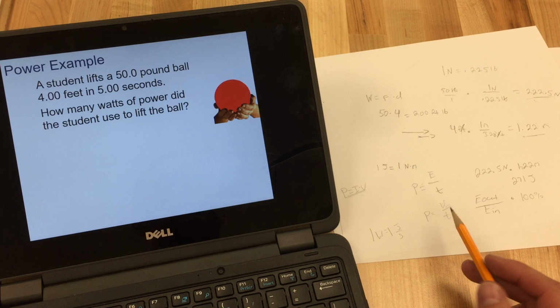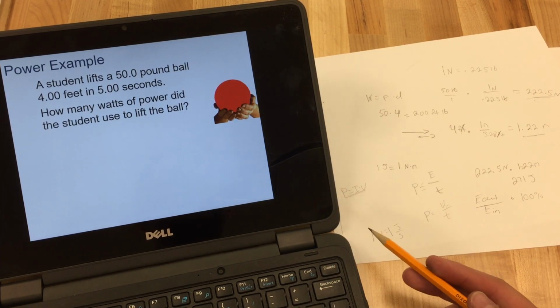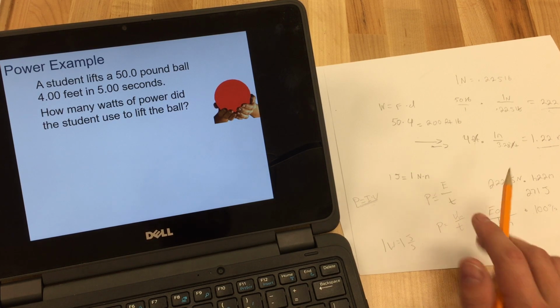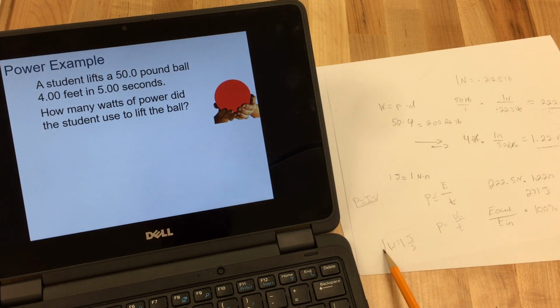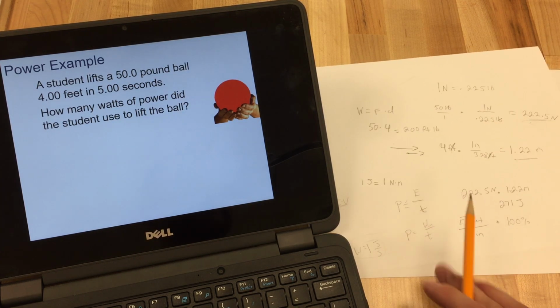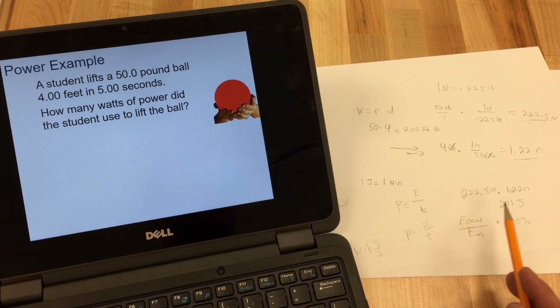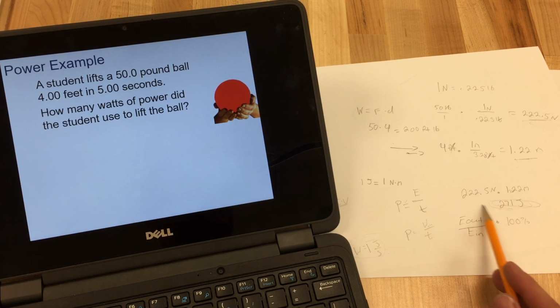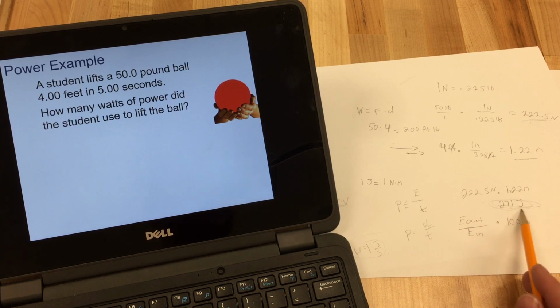Here's a power example. A student lifts a 50-pound ball 4 feet in 5 seconds. How many watts of power did the student use to lift the ball? Remember, 1 watt equals 1 joule per second. Earlier we already calculated how much work was done: 271 joules. We already figured that out from the initial problem.